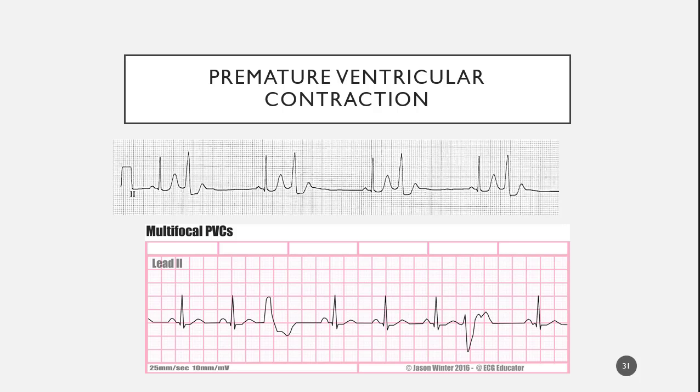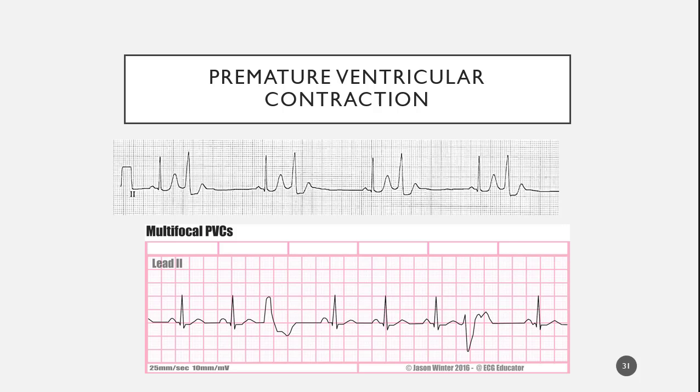What makes it multifocal? Well, maybe I didn't say it in the best manner. So remember, these are unifocal. Basically what we know is that these are all being generated by the same cell in the ventricles. We're not sure where it is in the ventricles, we just know that it's coming from the same cell.